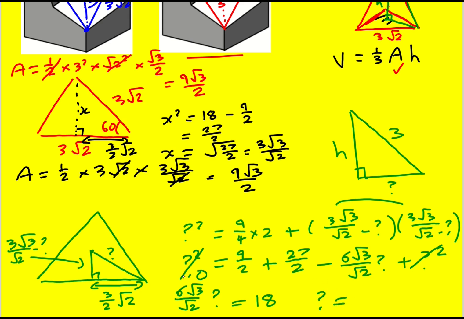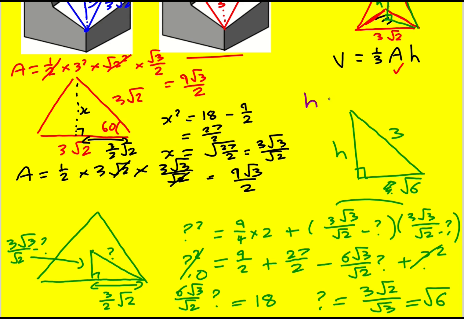So then question mark, I will divide by 6 to give me 3, times by root 2, divide by root 3. Actually, I could rationalize the denominator, times top and bottom by root 3. That will give me 3 root 6 over 3, or root 6. Hey, that is my answer there. So that is this value here.